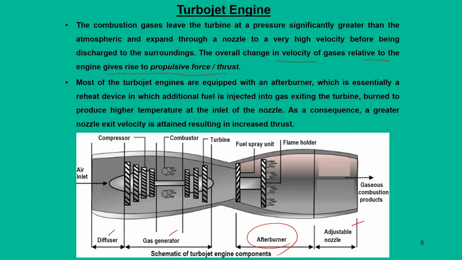That is the reason the entire fuel is not added at the combustor itself; rather, some fuel is added in the combustor as a primary fuel, and some other fuel gets added in the afterburner section, and we call this the secondary fuel. So, in order to have efficient use of fuel, we have a combustor and an afterburner section for addition of the fuel. Through this process we can get an enhanced or increased thrust.